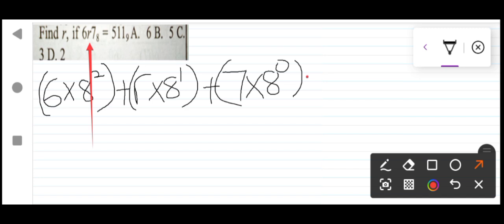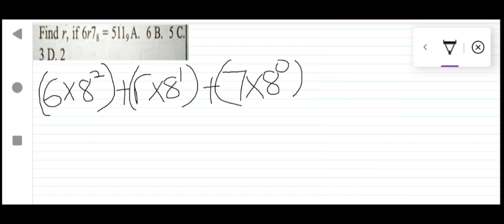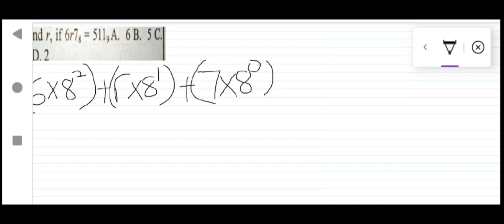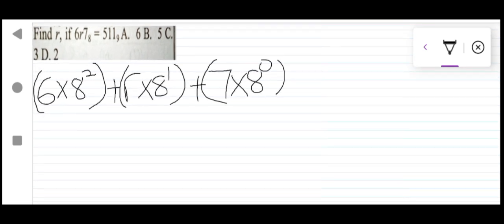Then we need to equate this such that we have this 511 base 9 converted to base 10 as well. So this means we are going to have equals 5, 1, and 1.